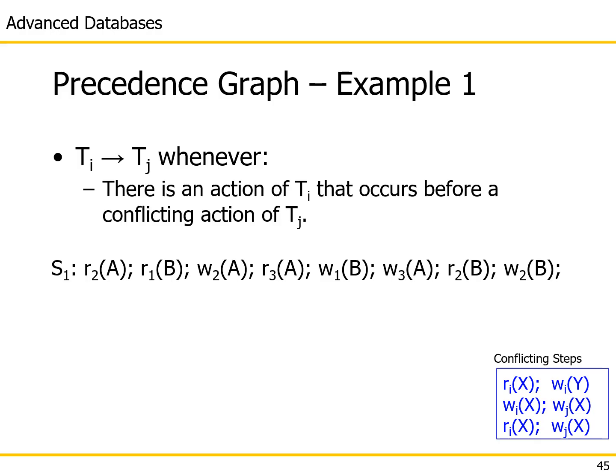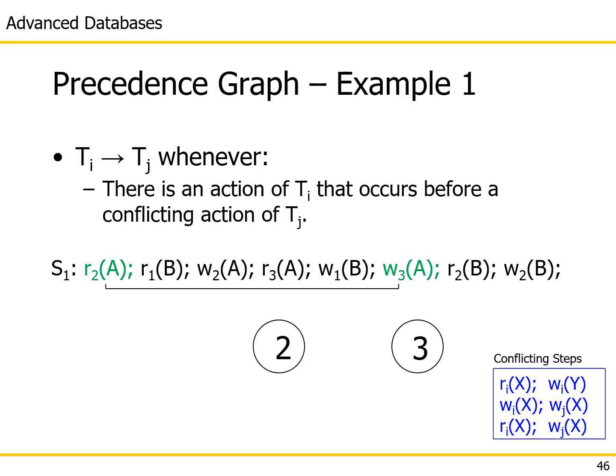To answer this question, we will create a precedence graph. To construct the precedence graph, we have to scan this schedule for conflicting steps. If you look at the conflicting steps at the bottom right, you're going to try to find out where they are.